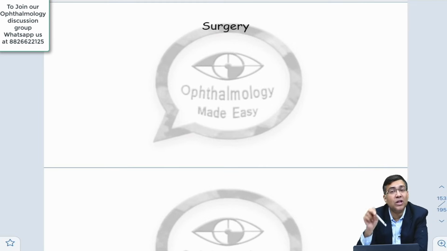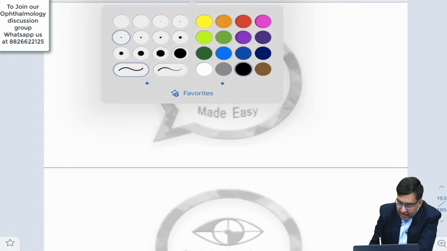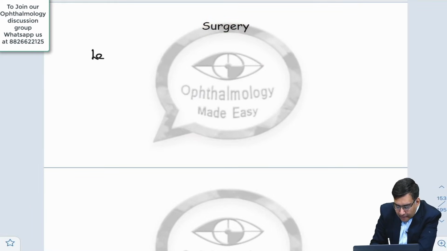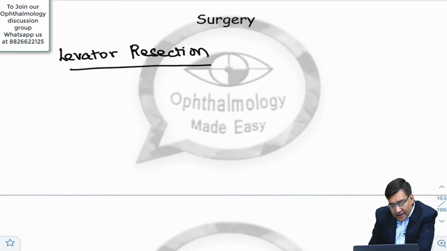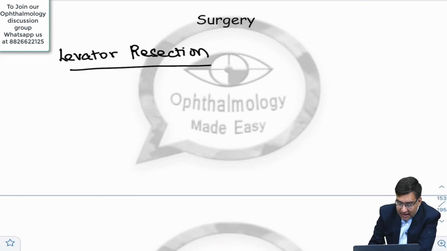So we would come to the important point, the various types of the surgeries. The most important one that you have to remember is the levator resection. As I told you, the most important muscle for the elevation of the eyelid is the levator palpebrae superioris. So whenever we do a resection, we basically strengthen the muscle.